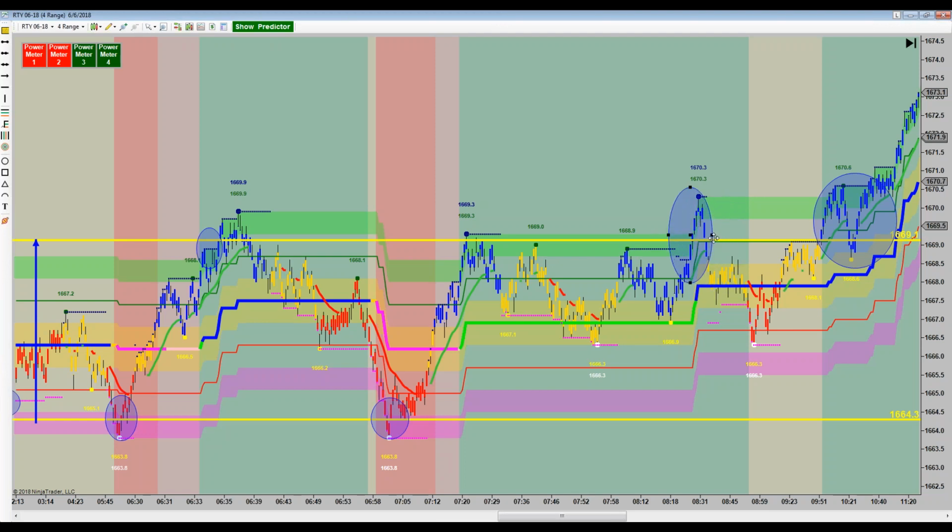Let me do it more like this. How is this oval different than that oval? And why is this a breakout and that one isn't? Well, just look at the two. What's the difference? Right, it's where it pulls back to and bounces.